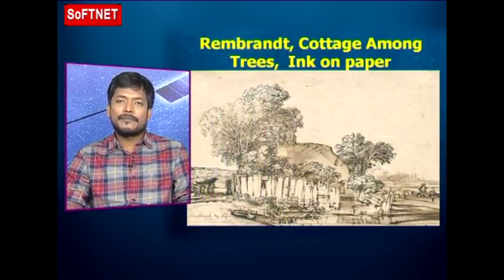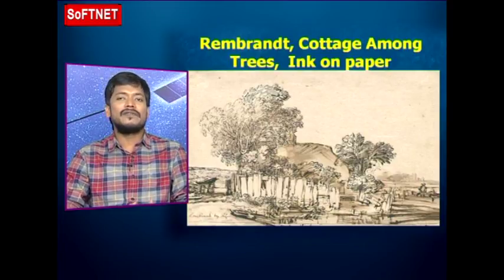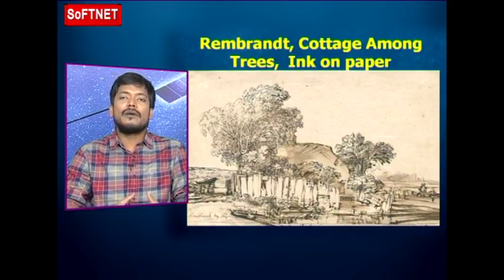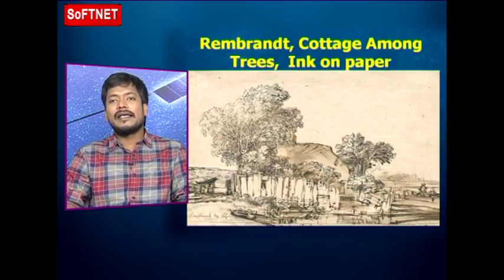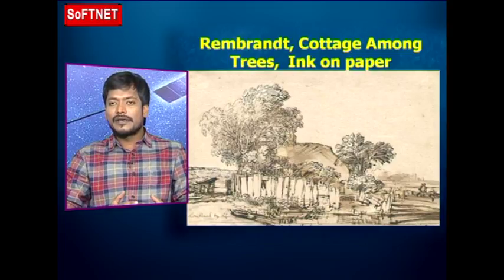The liveliness of the tree gives you a feeling of movement, a sense of pleasant feeling. That is contrasted with the static, heavy character of the cottage right in the center. So you have different tones created.